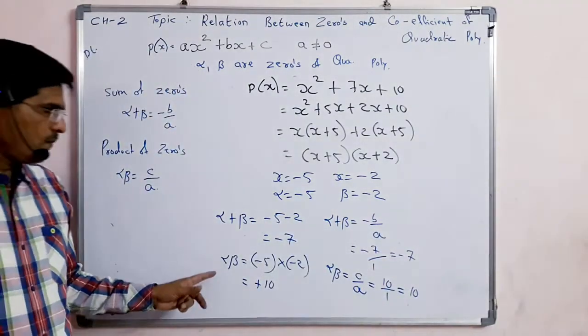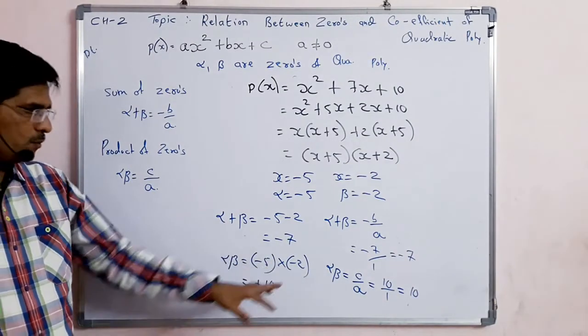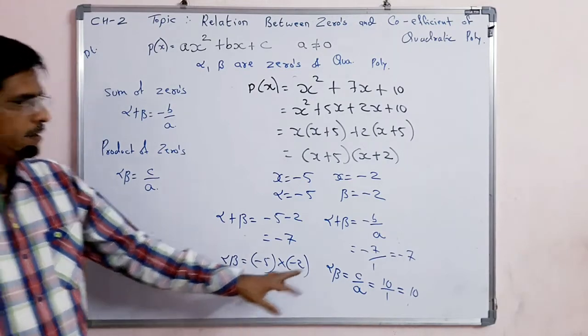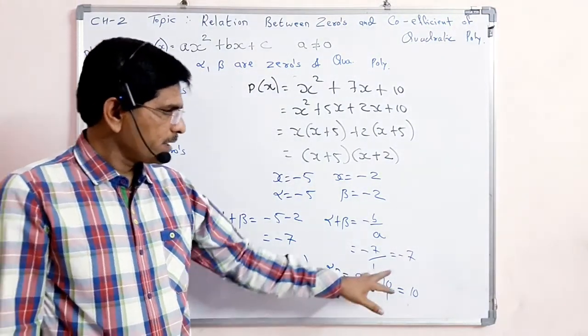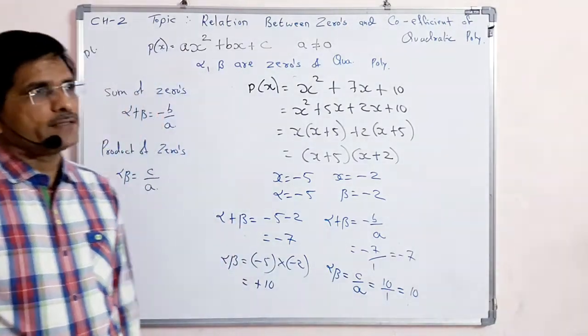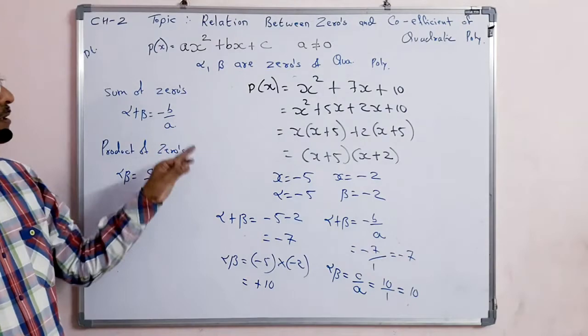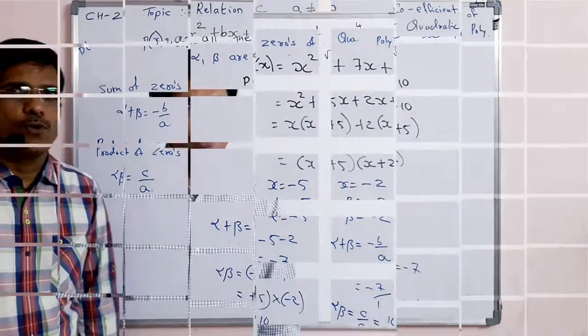Same thing, alpha into beta, we get minus 5 multiplied by minus 2, plus 10. In alpha into beta, c by a, 10 by 1 is equal to 10. Clear? So that is the relation between zeros and coefficients of a quadratic polynomial.